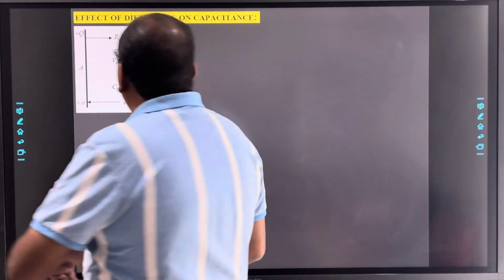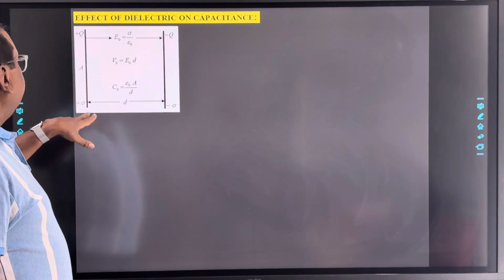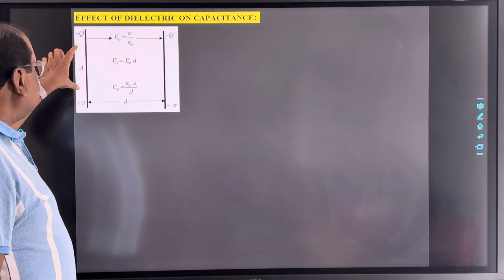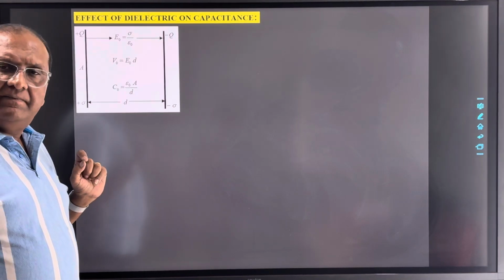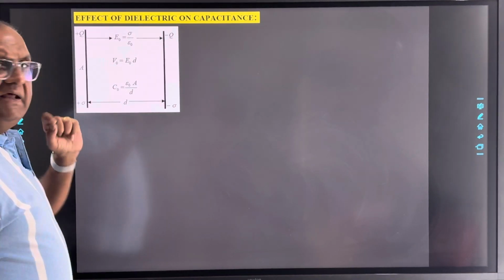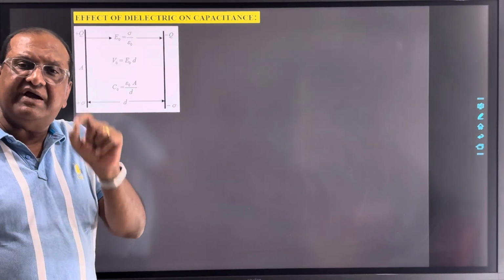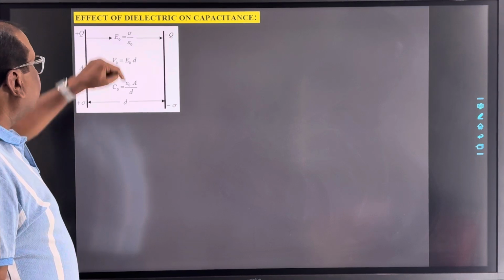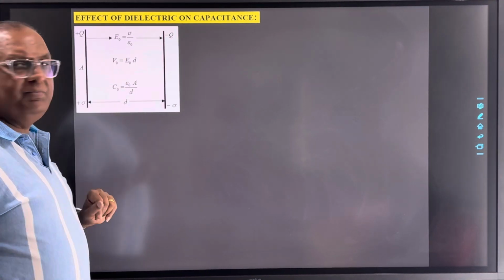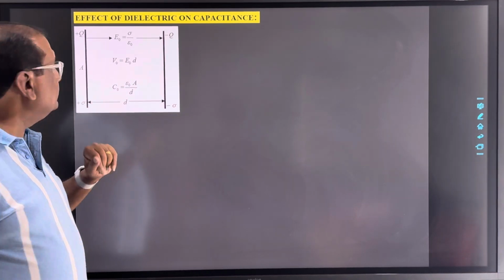Suppose the charge of the capacitor is Q, the area of the plates is A, and the separation between the two plates is D. When there is vacuum between these two plates, the electric field between them is sigma upon epsilon 0. We derived these equations.